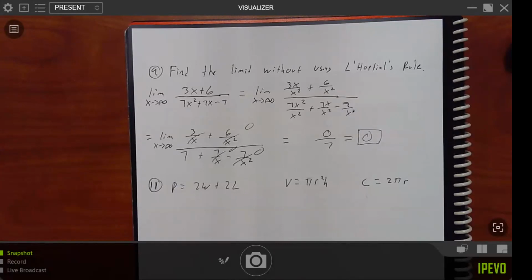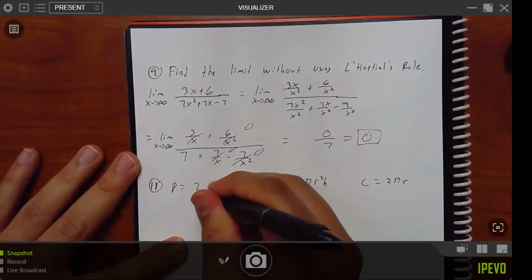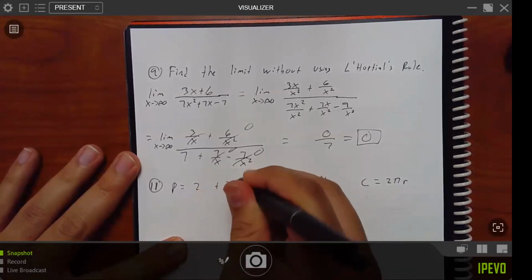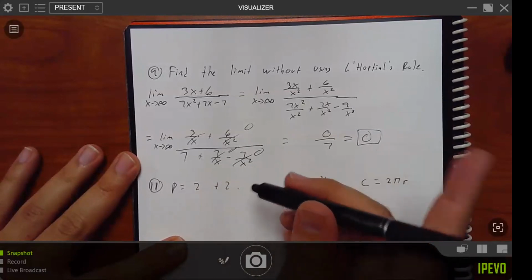But they're using x and y, so let me change these. We said length was the longest one, right?